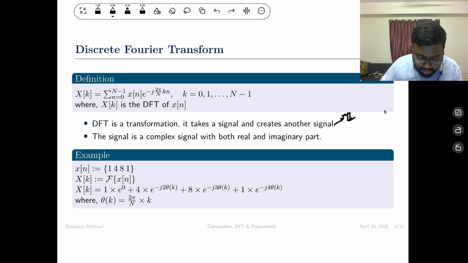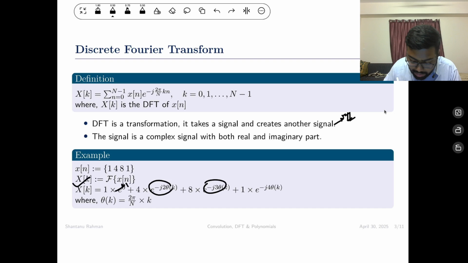So for example, we have a signal here: 1, 4, 8, and 1. This is a discrete one-dimensional signal, and we're defining X of k as the discrete Fourier transform of this signal. If we run the numbers here, you can see it is a pretty simple formula, and this will correspond to 1. This will be a complex number, this will be another complex number, and so on.